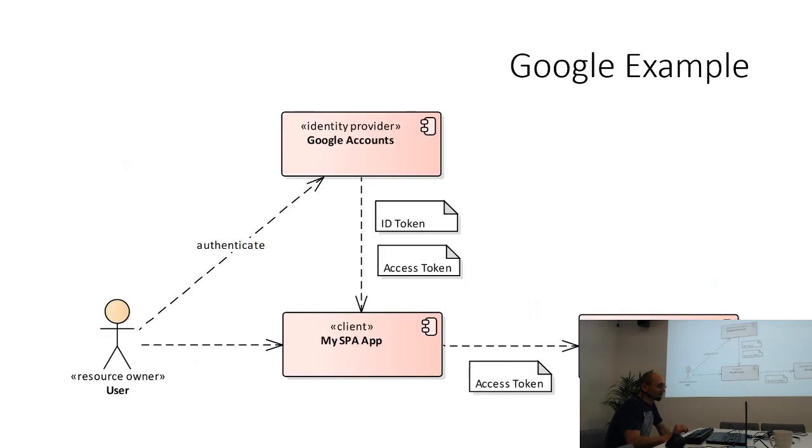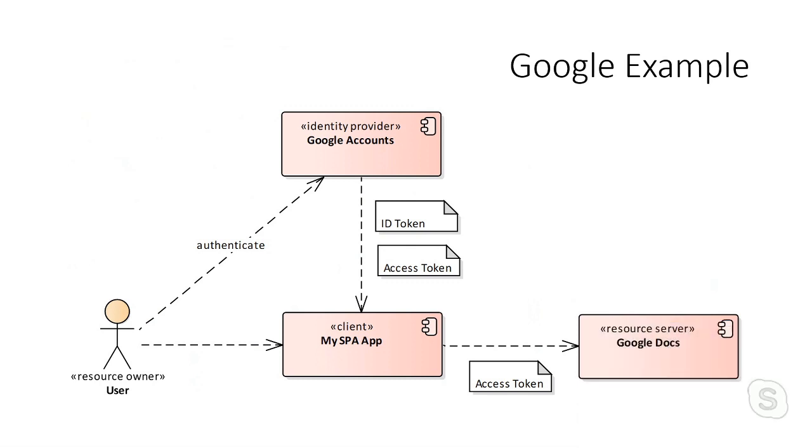So just before I tell a bit more about OpenID Connect, I'll show a very simple example with Google. Most of the big companies like Google, Microsoft, Twitter, actually use OpenID Connect for their own purposes. So when you want to, for example, access Google Docs as an external application, you do it through OpenID Connect.